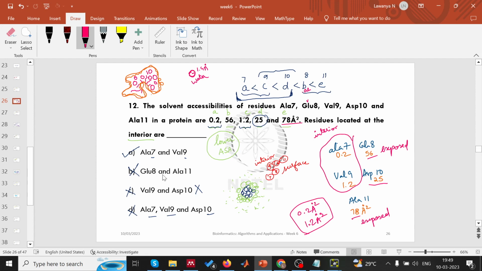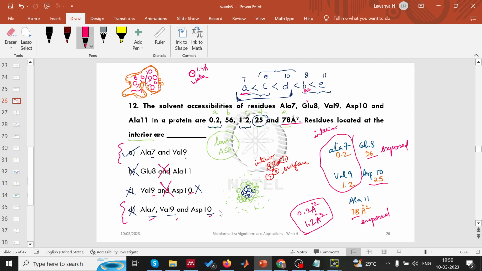So we rejected 8 and 11 for the reason that they are exposed, and 9 and 10 because they are not. When you have 7 which is on the lower side, without 7, if 9 and 10 are present, it's not the best option. But with 7, when they are present, true that these are interior, and you have 7 and 9 alone.